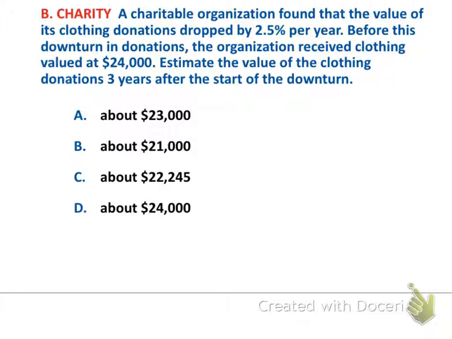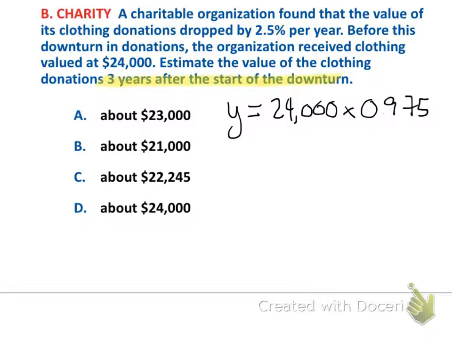All right, so they want to know 3 years after the start of the downturn. So we're going to use that same equation that we wrote. y equals 24,000 times 0.975 to the third power, because 3 is the number of years.